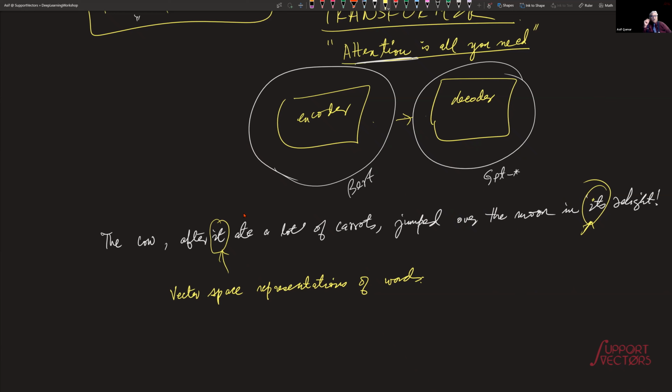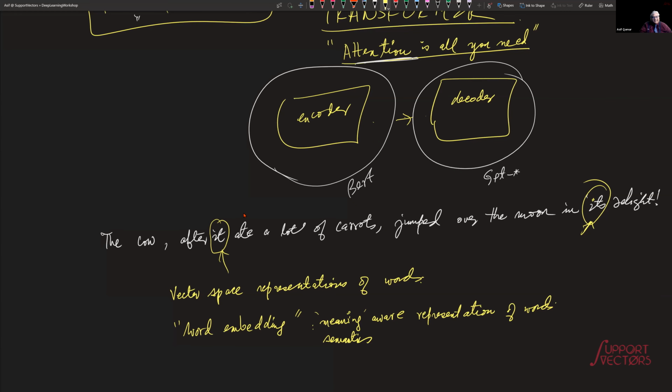But what is a good vector space representation that we talked about? Word embeddings, remember, that are semantics aware, sort of meaning aware. Not completely meaning aware, but we'll cheat and say sort of meaning aware representation of words.